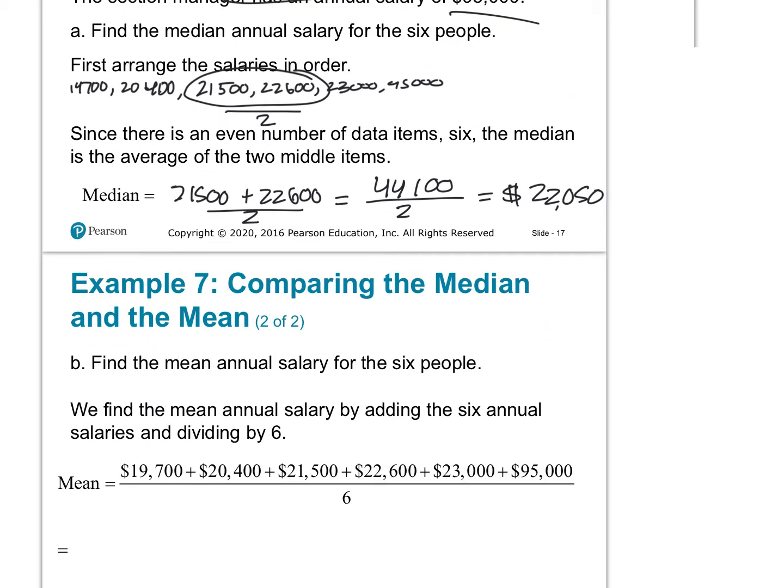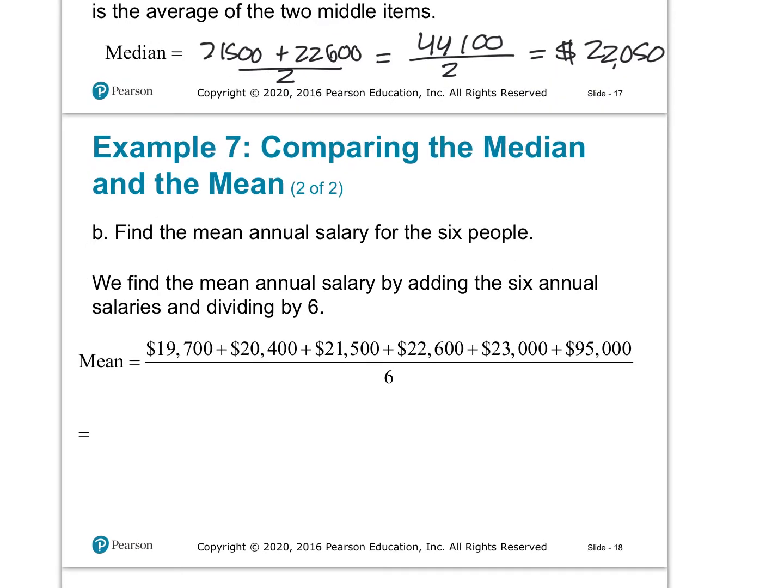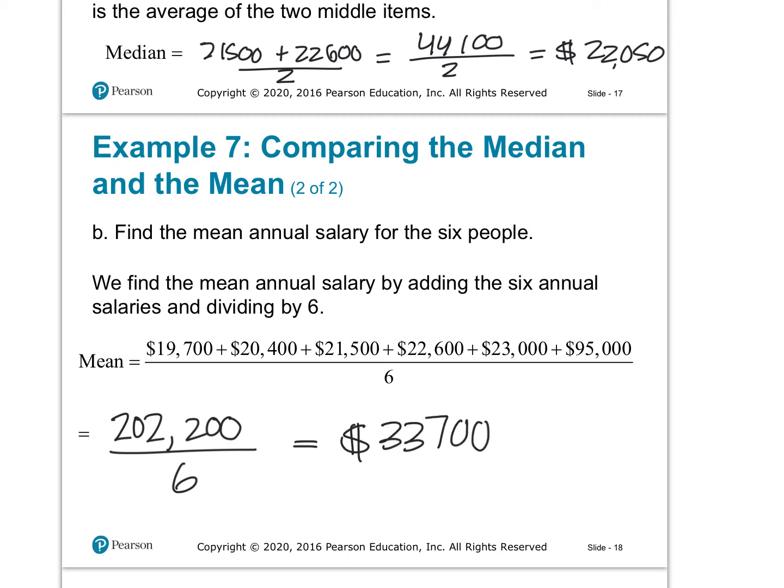Now let's compare that to the mean to get the true average of all of those. If we added all those together, so 19, 20, 21, 22, 23, and then the 95, all of those thousands of dollars together, it'd be 202,200 divided by 6, because remember we're doing all 6 terms. So we would get 33,700.